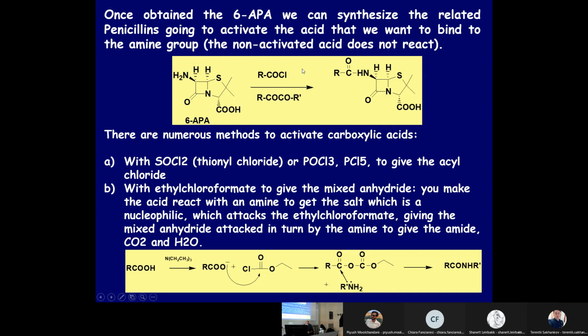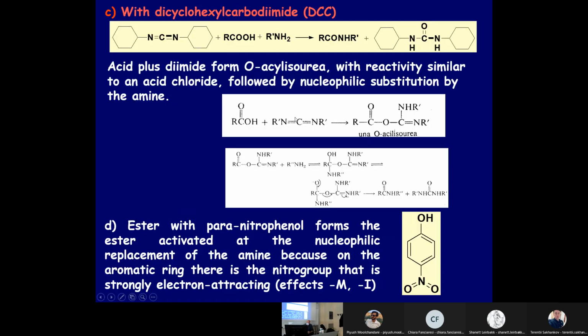We have to use activated organic acid residues, with different methods, just to describe to you, but I don't ask you this method during the exam, just to show you different ways to have activated acidic residues to put together with 6-aminopenicillanic acid. You see different approaches.